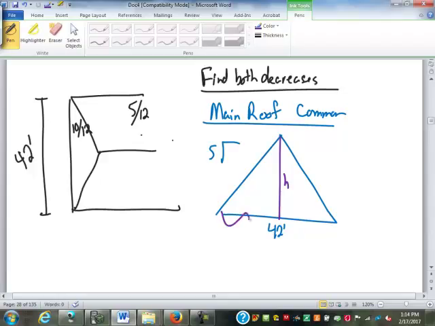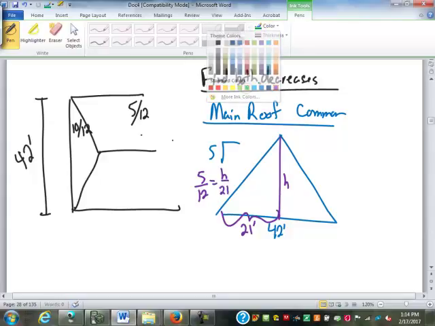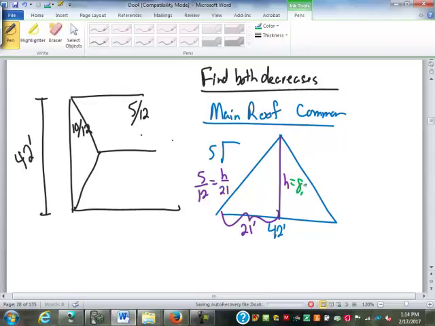Here's H on a 21-foot run. 5 over 12 equals H over 21. So H is, what's that? 8.75. Very good.